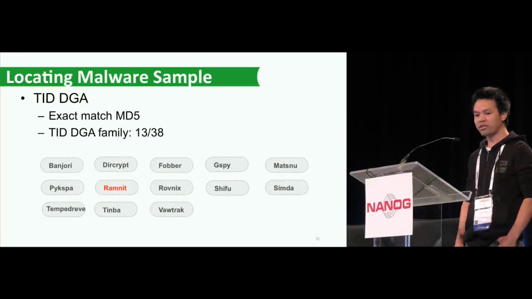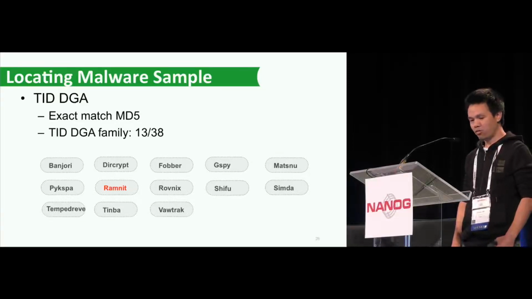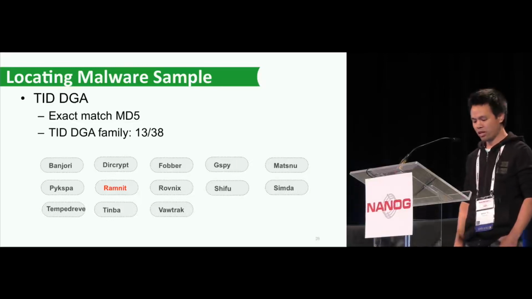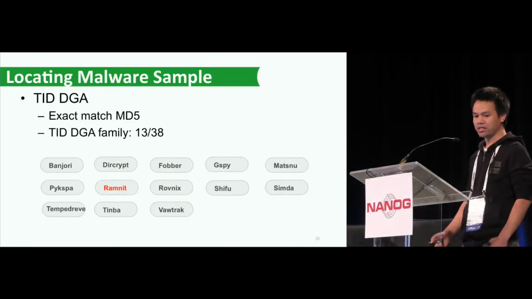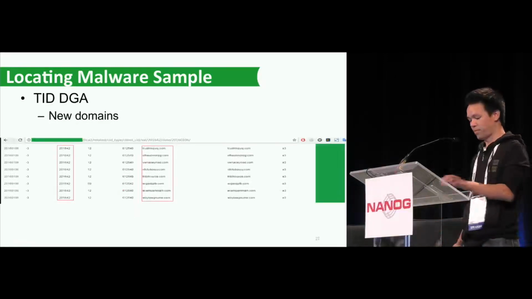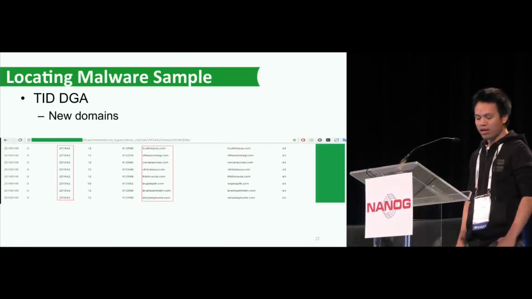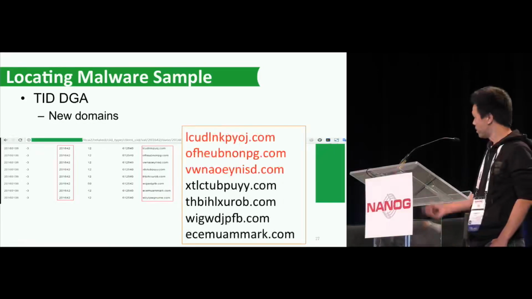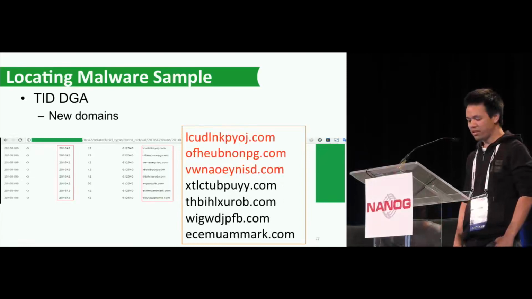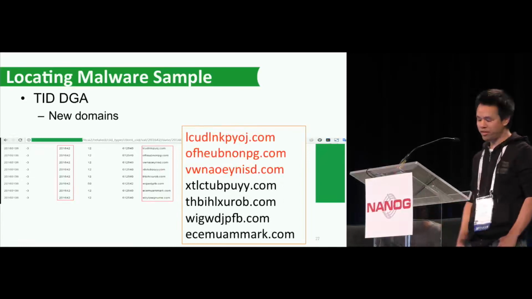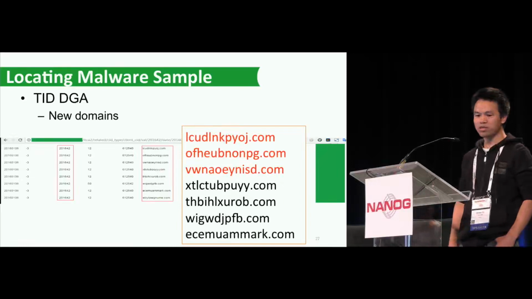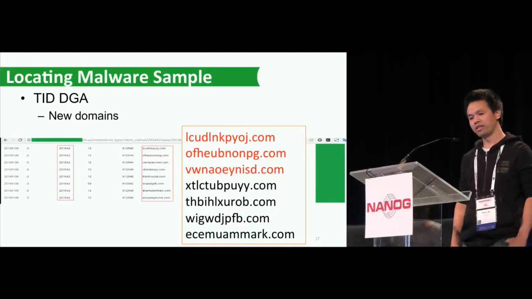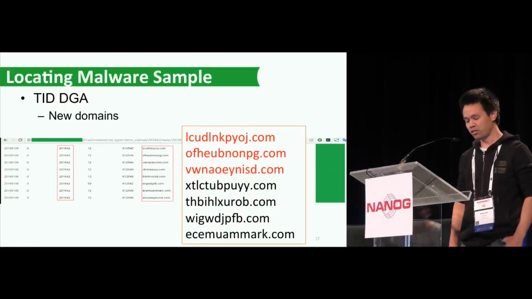We will take Remnant DGA, for example, to show how we locate malware samples in the TID case. Let's look at this cluster. Note the SLD is always within a length of 8 to 19 and consists of A to Y. 0 is always missing.